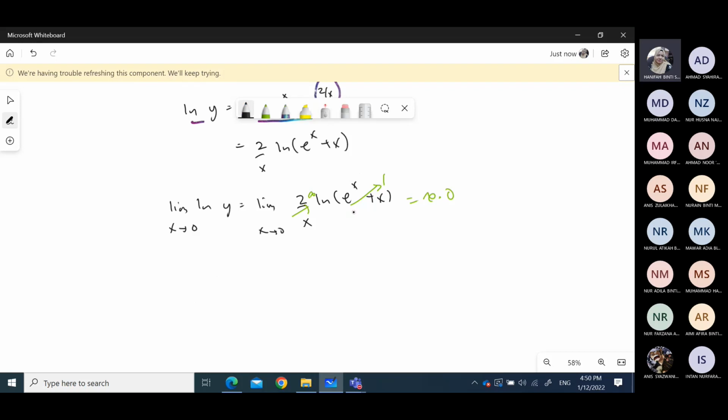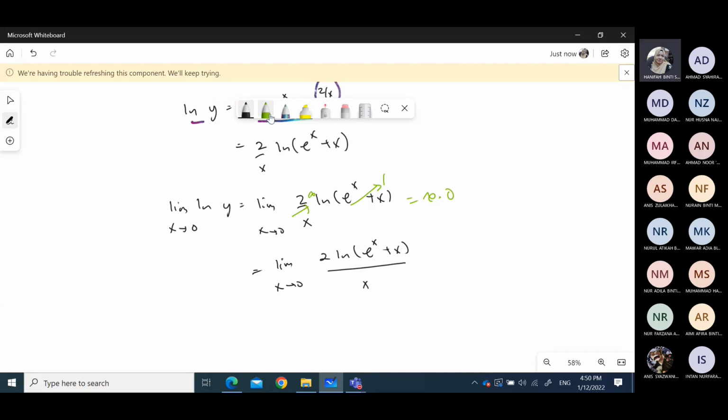Alright, so this is an indeterminate product. If we have an indeterminate product, then we need to rewrite it into a ratio. Then we have the limit as x approaches 0 of 2 times natural log of e^x plus x over x.